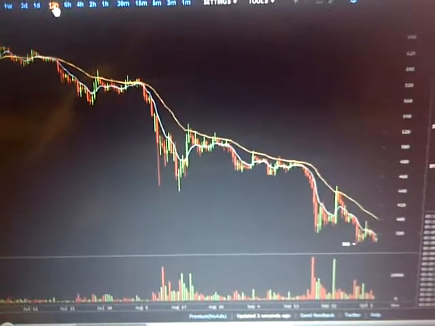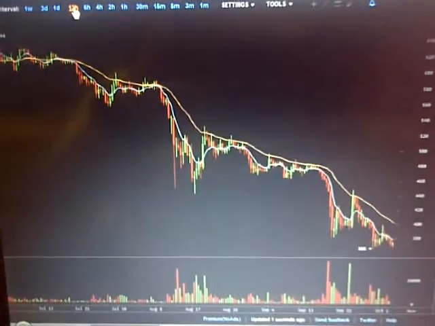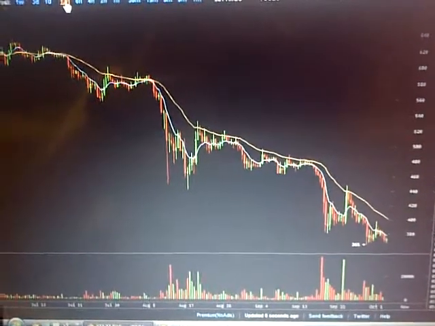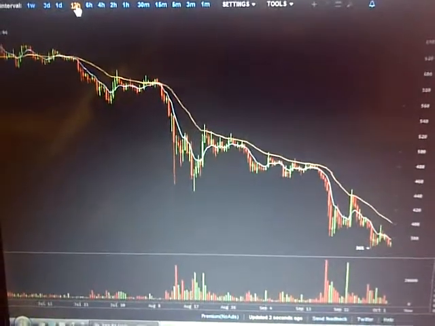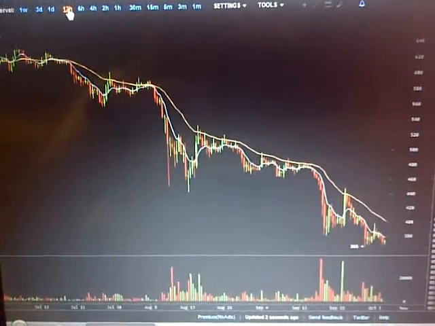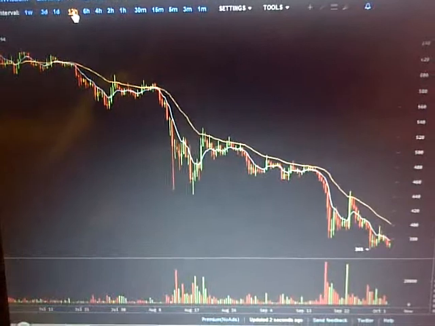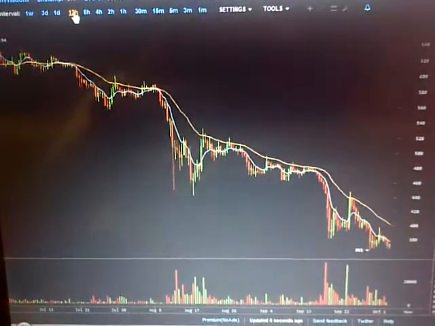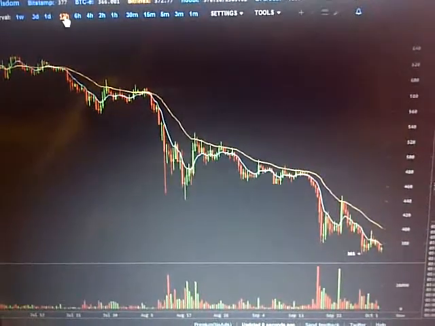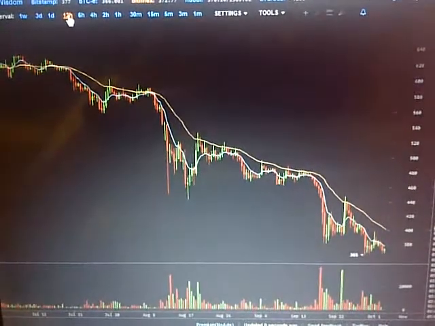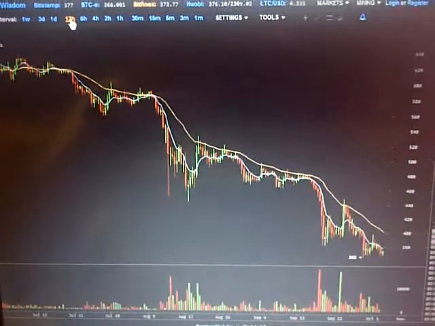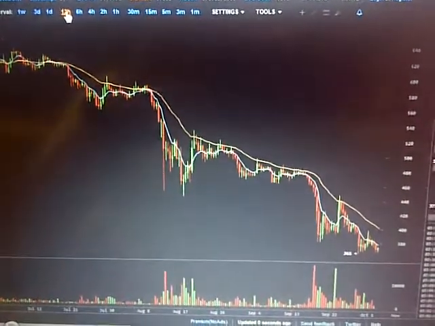But eventually, hopefully, you would think the sellers would exhaust, or the miners will stop selling onto the exchanges, because they're not going to be able to pay their bills and keep up with the mining. The price drops and the difficulty rises, so eventually they won't be able to sell anymore at all, because they've gone in the negative, so they would just stop selling.